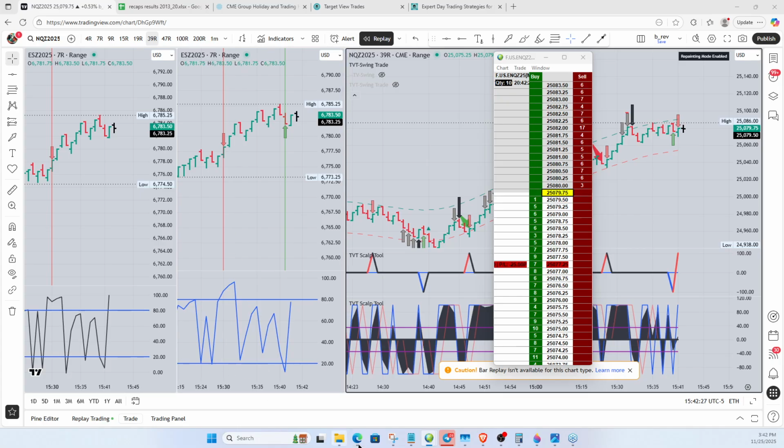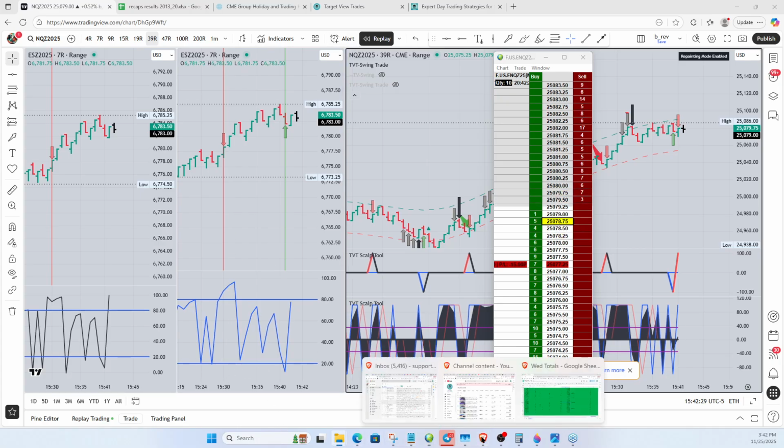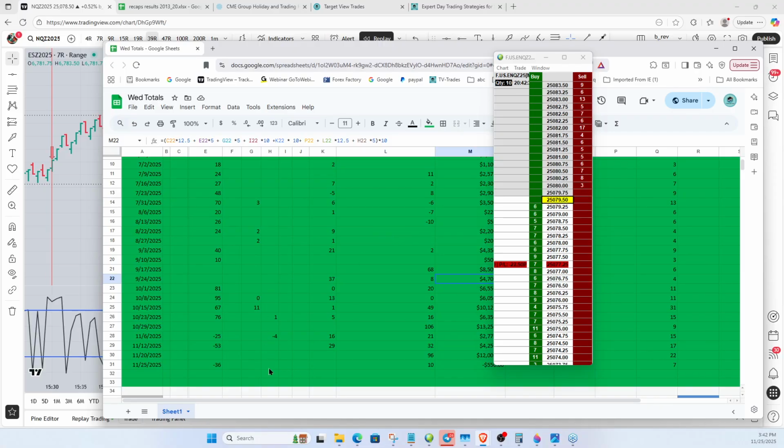Okay, so let me go punch that in. This is what I meant by the end of the session. There's usually a lot more trades. So 4 on the ES. On the long. 9 trades altogether now. Okay.